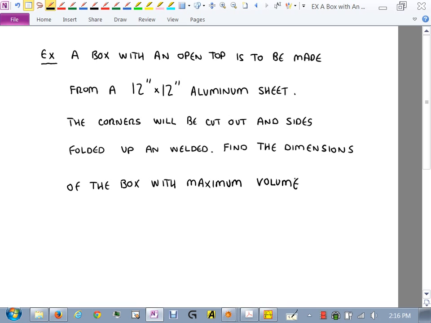I'm going to try a different variation of this. Bigger corner I cut out, right? Now these have to be the same size. When I'm cutting these corners out, all these corners have to be the same.